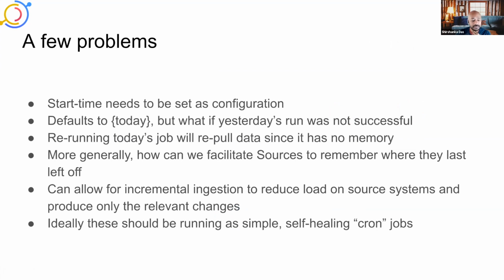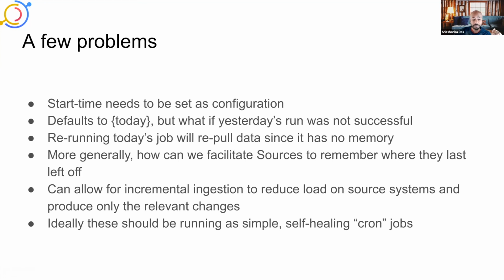And this is not just a problem for the usage source. Pretty much every single source today is memoryless, which means it starts up, crawls the whole world, and ingests metadata. So we wanted to facilitate sources remembering where they last left off, to allow for incremental ingestion so that we can reduce load on source systems and only produce relevant changes.